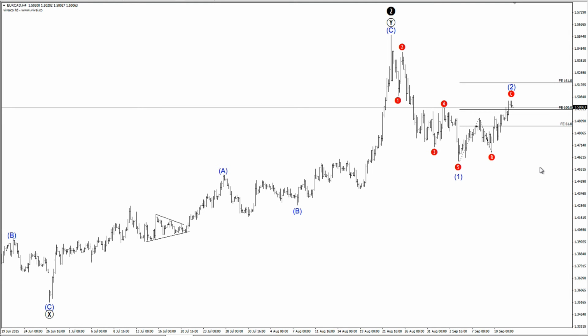I have this trade running here which is in negative territory, but I am going to keep this running since I am expecting more downside, and I am expecting this trade to go into profit and get some pips out of it.